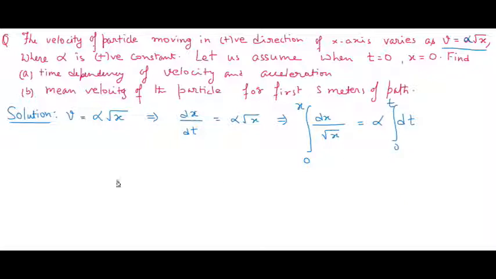Simple integration. So here we'll get the result as x to the power minus half plus 1, upon minus half plus 1, is equal to, here, the integration of alpha, which is a constant, with respect to dt and limits given, so it is alpha t.